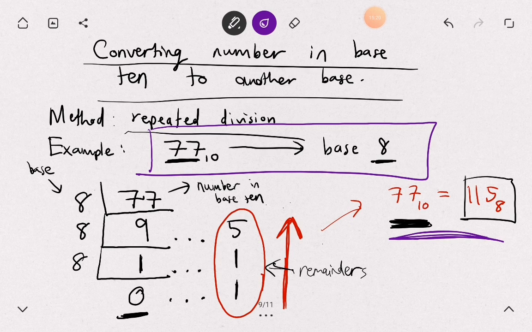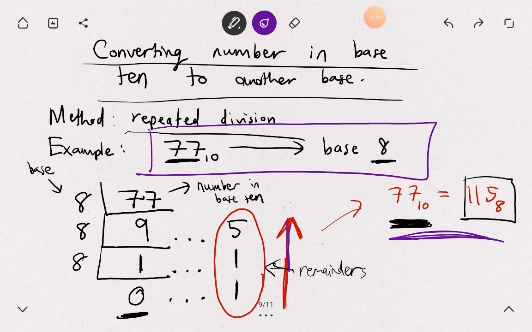We did repeated division. We took 77, divided by the base, collected the remainder, and divided the quotient by the base again. You do the same until you come to 0, and then you collect all your remainders upward.